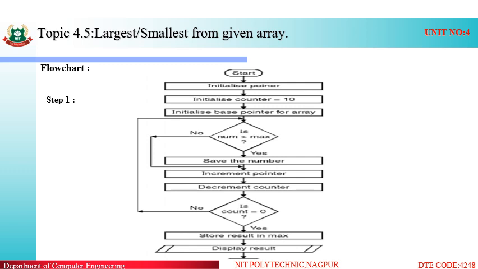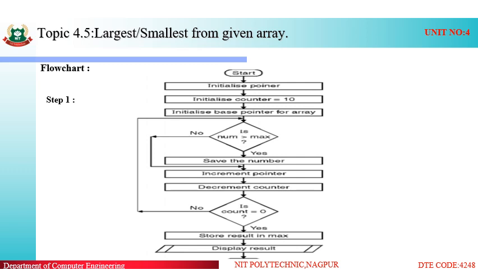In the next step we have to initialize the base pointer. The base pointer will point to the first element of the array. Now next we have to make a decision: is the number greater than max?